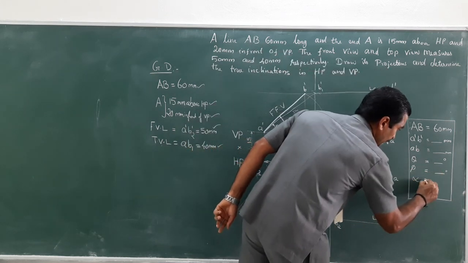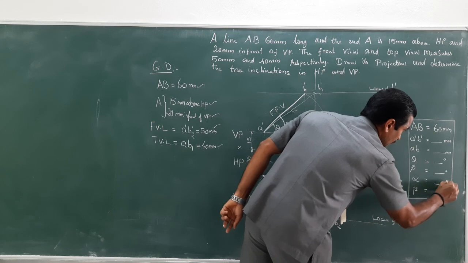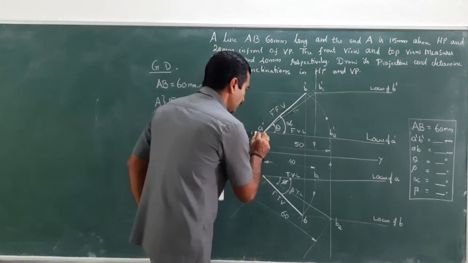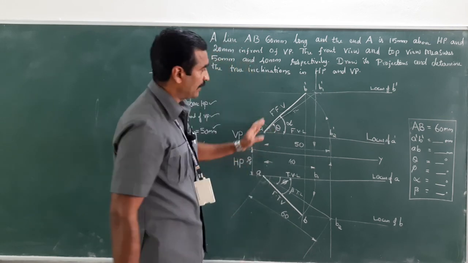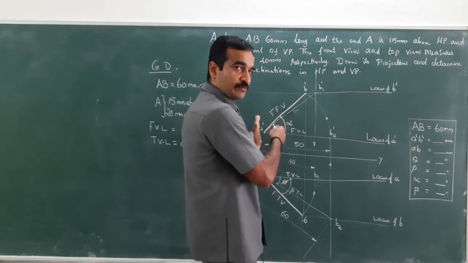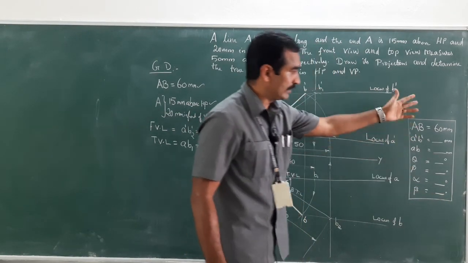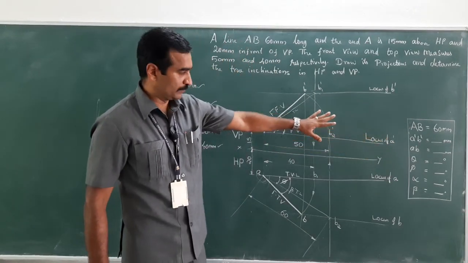Similarly, alpha is nothing but the apparent angle. Keep your protractor in this manner and measure it, and whatever value you get from the drawing, reflect it over here. So look at here, all the 7 pieces of information have been captured here.